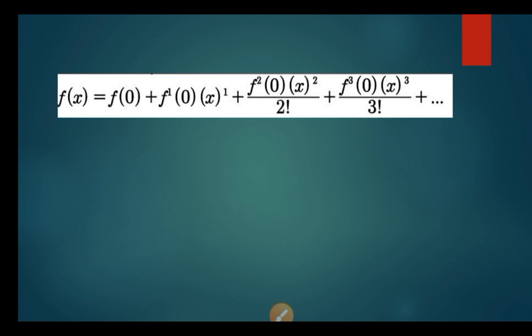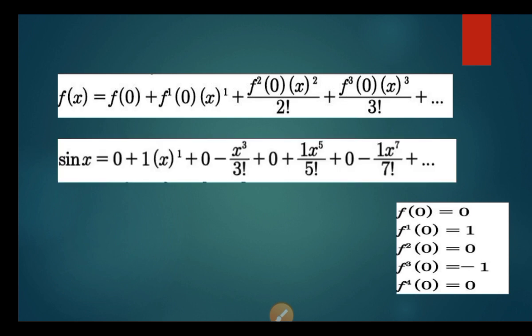So using the formula, we have f of x equals f of 0 plus f raised to 1 of 0 times x over 1, plus f squared of 0 times x squared, plus f cubed of 0 times x cubed, over 2 factorial and 3 factorial, and so on.